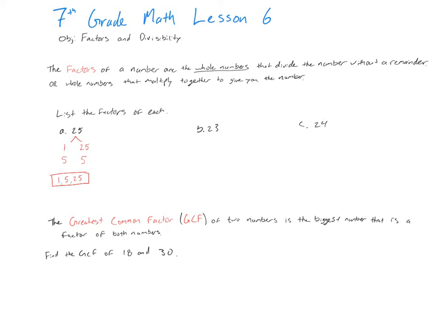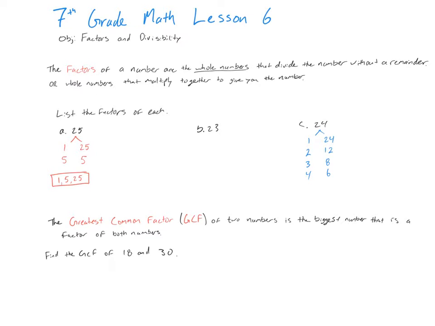Okay? 24, I'm going to skip to 24 over here. I can do 1 and 24. 2 and 12, 3 and 8, 4 times 6, and 5 doesn't go in there.